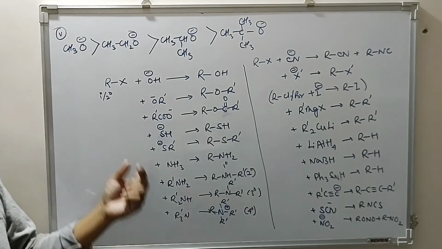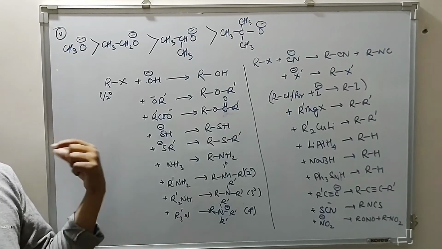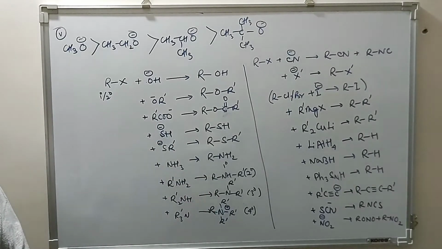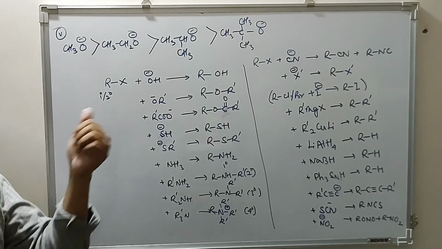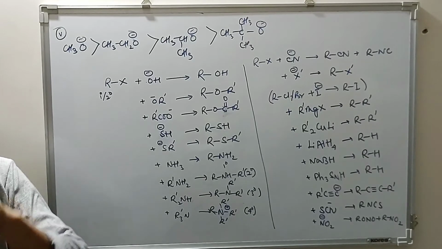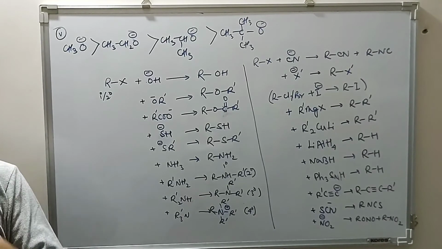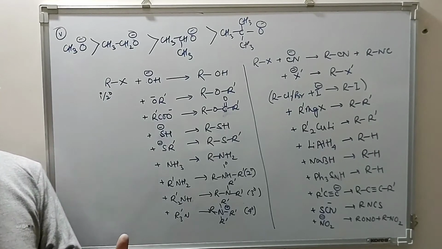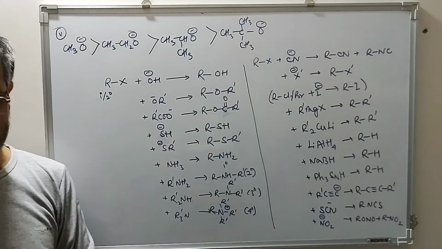So the requirement is these alkyl halides should be either primary or secondary, cannot be tertiary. That means when we increase the steric crowding around this carbon bearing halogen, the rate of SN2 reaction decreases. So we have to remove the steric crowding or the steric factor to increase the rate of SN2 reaction.